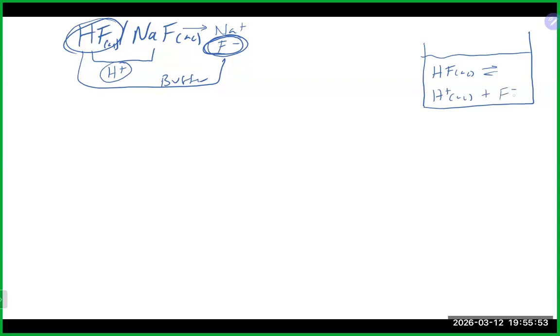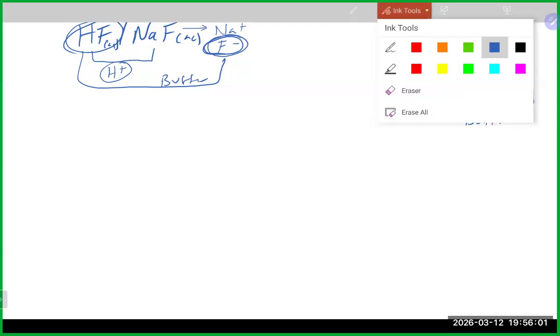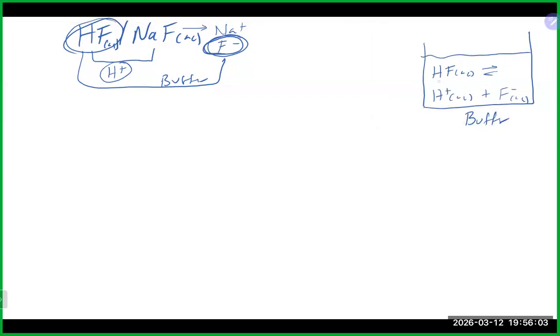So once again, before we even begin in our buffer here, we have both parts that we need, which is we have this guy here, which is our acid part of our buffer, and we have this guy here, which is our base part of the buffer. And you will always have an acid part and a base part to a buffer. As I mentioned before, that's really crucial for how it functions.